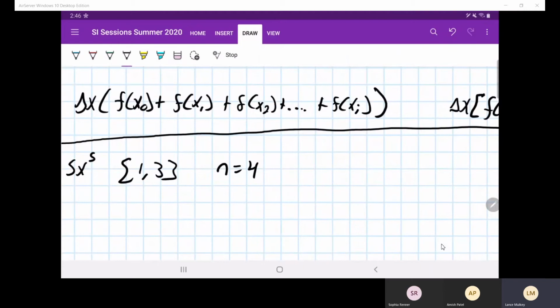Do y'all want equal subintervals to make the process a little more streamlined, or do y'all want to change these subintervals around? Yeah, let's do equal. Trust me, equal is always the way to go.